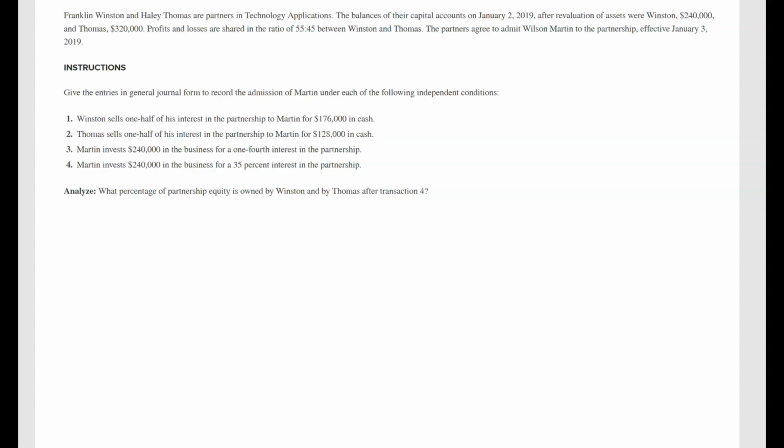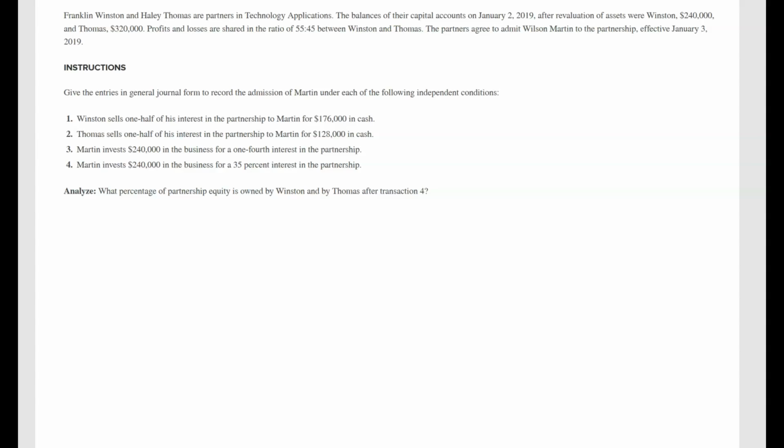And we have their capital balances of $240 and $320. Profit and losses are shared as a ratio of 55% for Franklin Winston and 45% for Haley Thomas. The partners agreed to admit Wilson Martin to the partnership effective January 3rd, 2019.